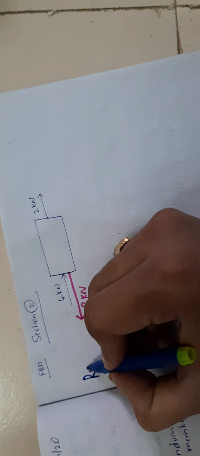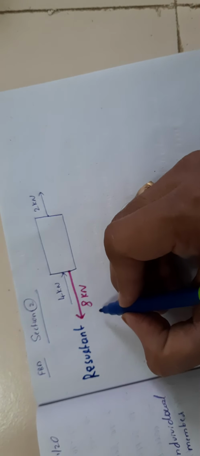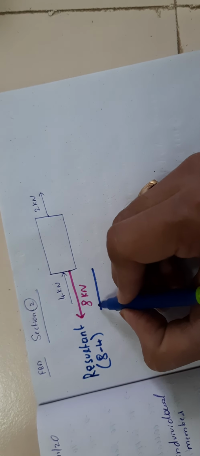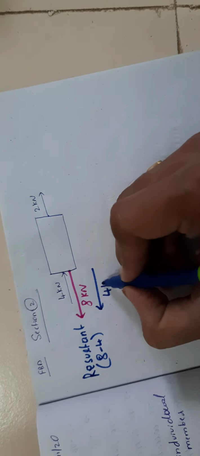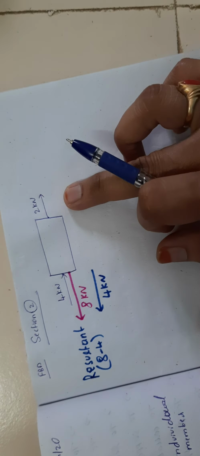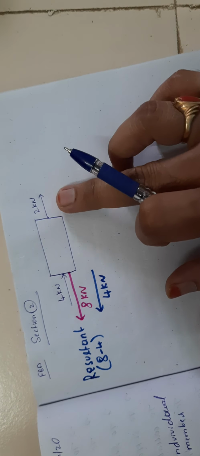So the resultant force will be 8 minus 4, which is 4 kilonewtons, right? That will be the resultant force at that point. So the same force will be applied on the other side also, the same 4 kilonewtons.